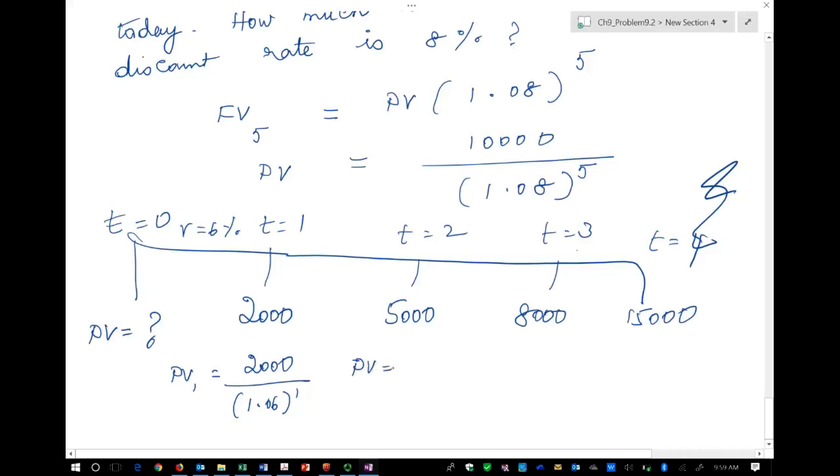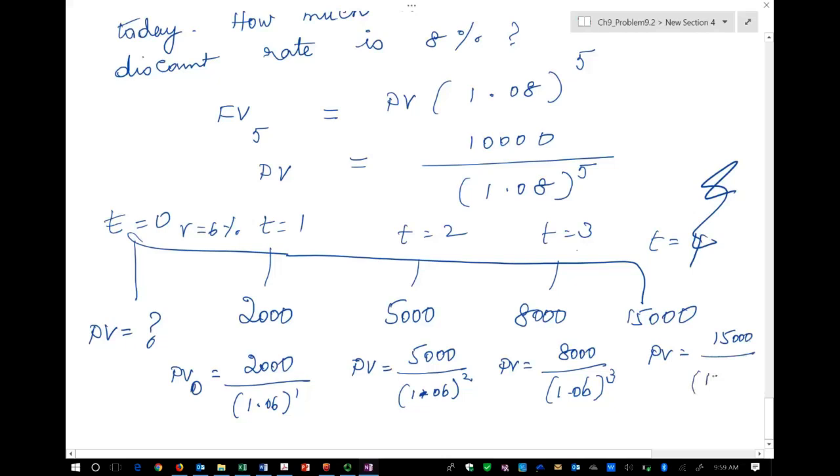Present value today is always present value 0, not 1, 2 or anything. The next is 5000 divided by 1 plus 0.06 raised to the power 2. Then 8000 divided by 1.06 raised to the power 3, and then 15,000 divided by 1.06 raised to the power 4. And if I add the 4 up, I get the present value.